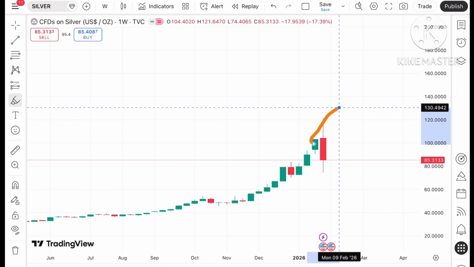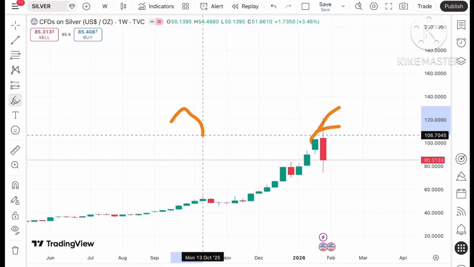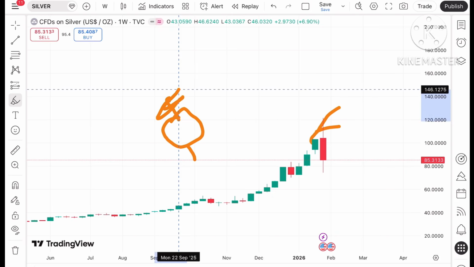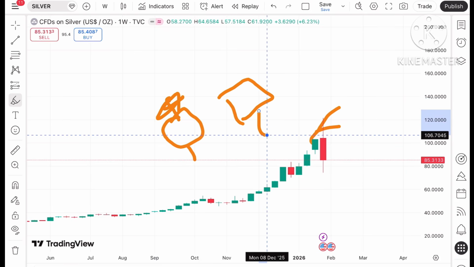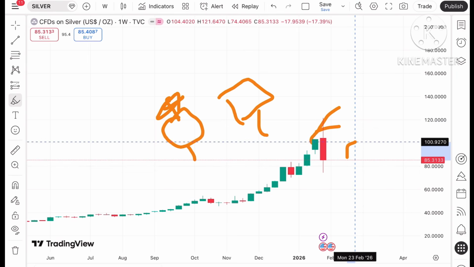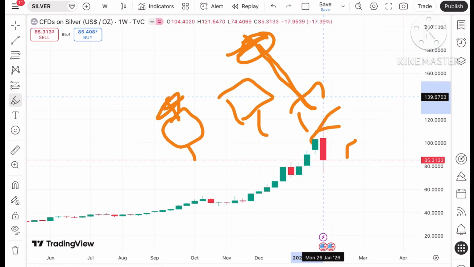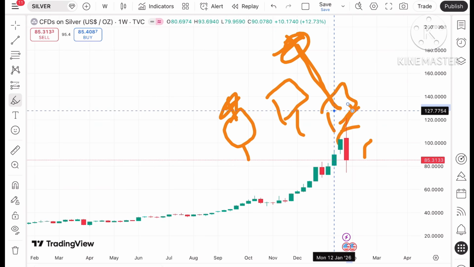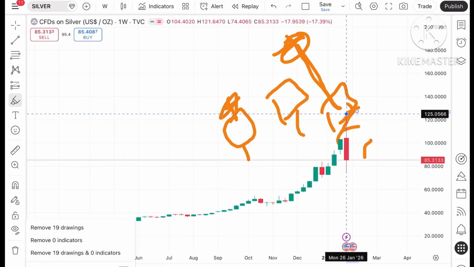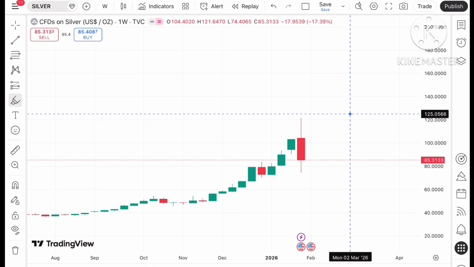As I've explained, whenever a hammer forms, there is a probability of a change in the trend. The next candle can make a new high and come down with a red candle, and the same has happened here. Now it is creating an engulfing candle.